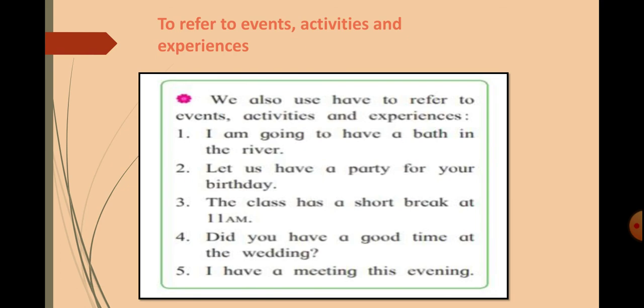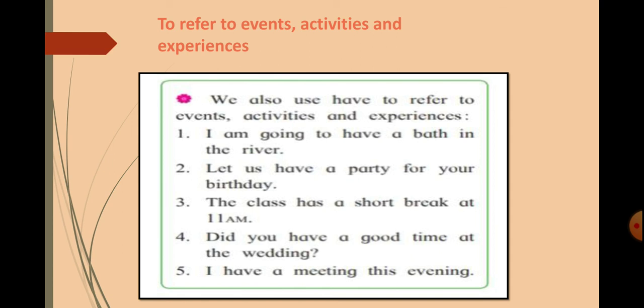To refer to events, activities, and experiences. We also use have to refer to events, activities, and experiences. See the examples. I am going to have a bath in the river. Let us have a party for your birthday.